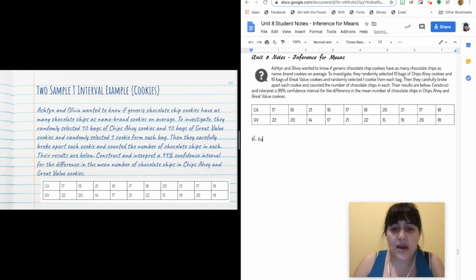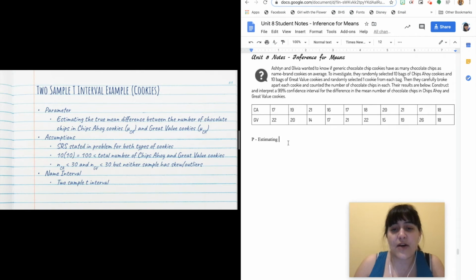Okay, so we are estimating the true mean difference between the number of chocolate chips in Chips Ahoy cookies and Great Value cookies.